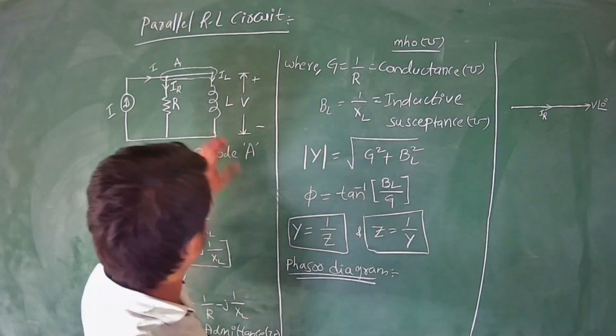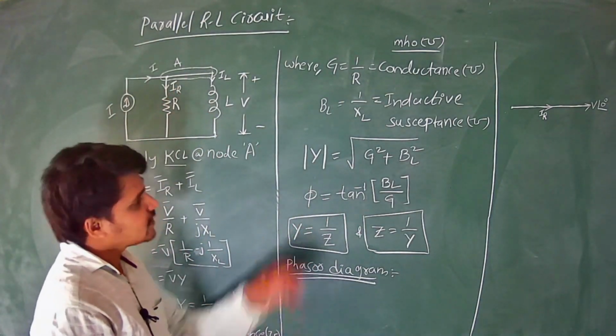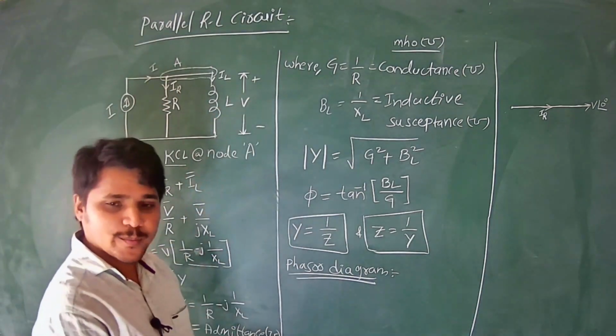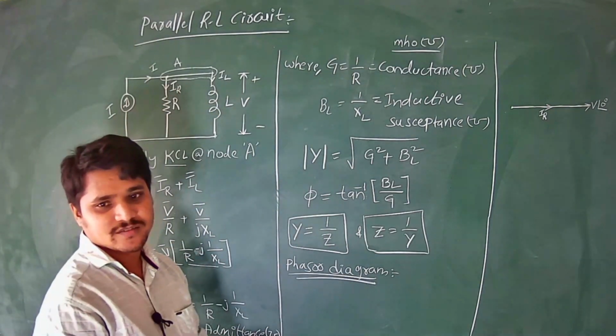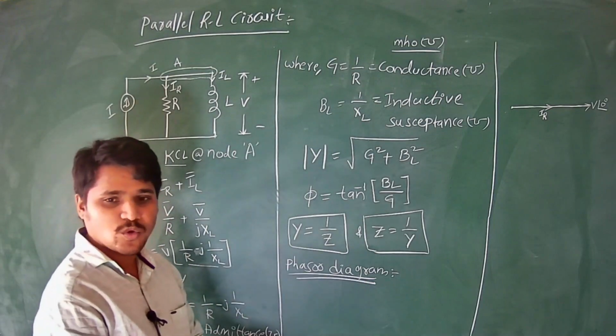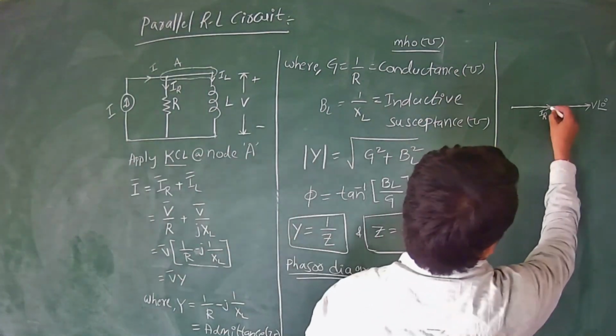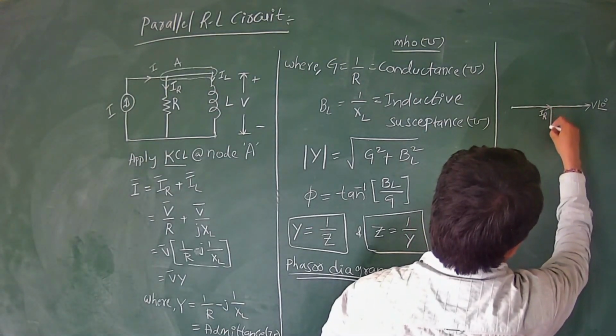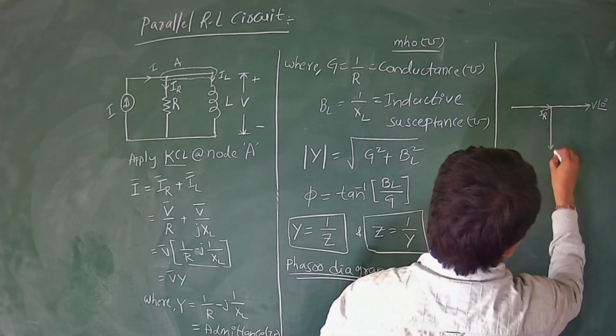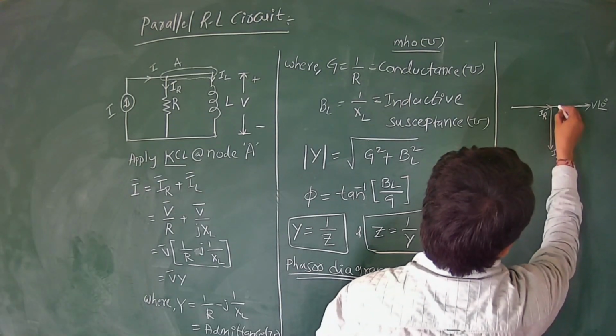Next, coming to the inductor, the current lags the voltage by exactly 90 degrees. So I will draw the current vector IL like this. So this is our IL, which lags by 90 degrees.